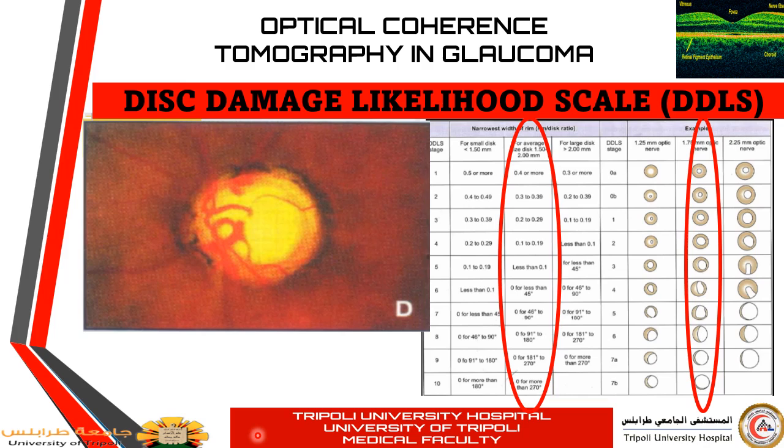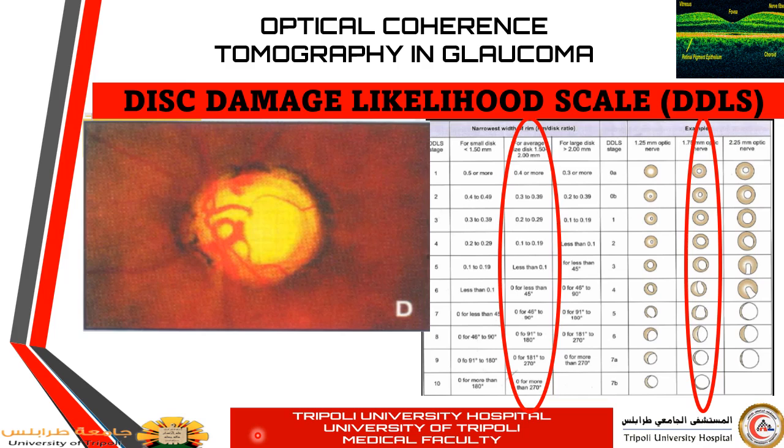And each one of these categories is divided based on the rim disc ratio. The first 4 stages are patients at risk, the middle 4 are patients with glaucoma, and the last 2 or 3 stages are patients with advanced glaucoma.